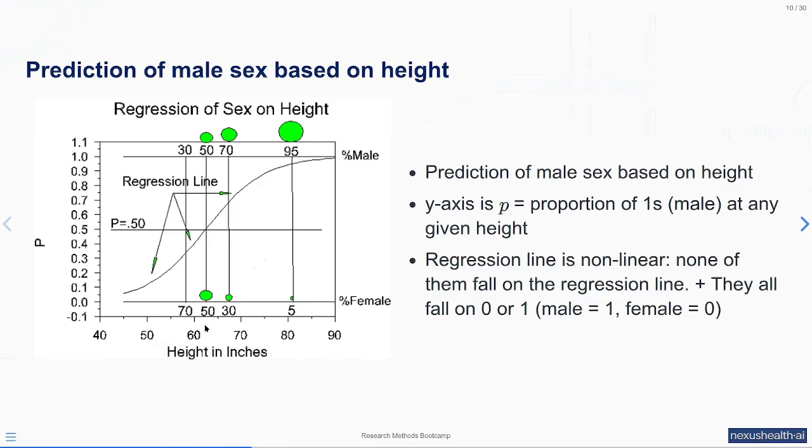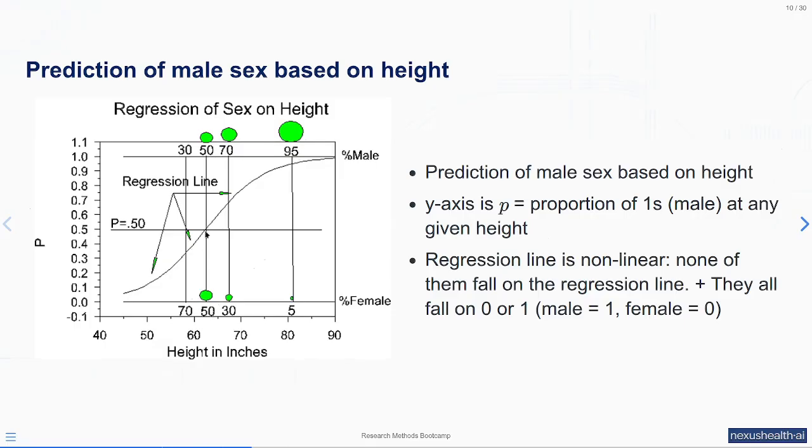So for example, at this height in inches of 60, we come up here and we find that the proportion of males is probably going to be less than 5%. Certainly at this value here, it says for this particular height, half the observed values are male and half are female.